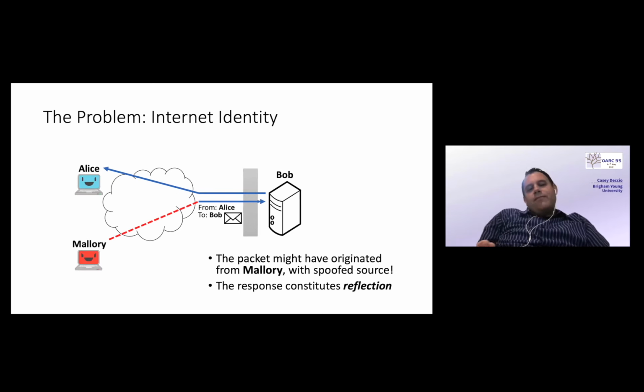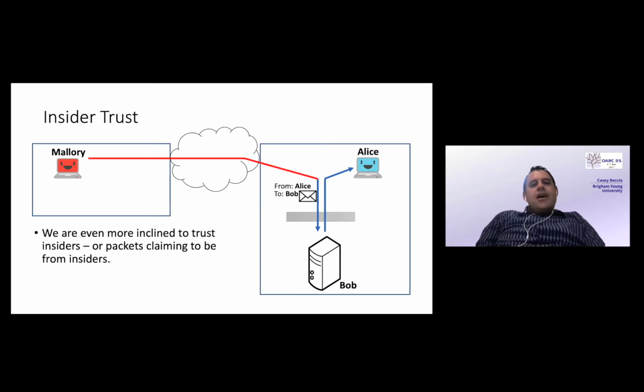But what if that packet actually originated from Mallory instead, where Mallory spoofed Alice's source, and so when it arrived, Bob had no other choice but to accept that packet. And of course, when the response goes back, it goes to Alice. We call this reflection.